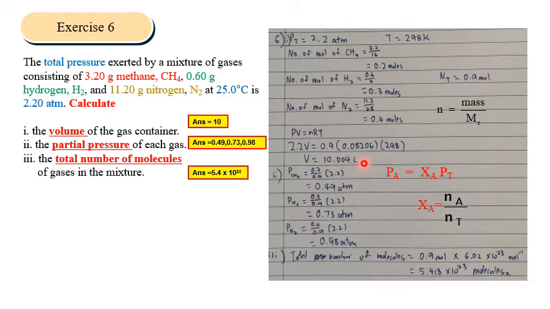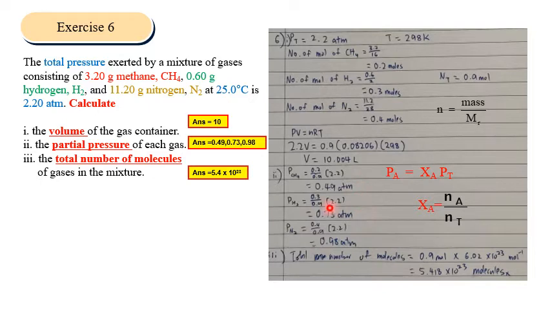Next, partial pressure, we are applying the formula PA equal to XA times P total. XA we can apply the formula nA over nT. So 0.2 over 0.9 times 2.2, so partial pressure for methane is 0.49 atm.